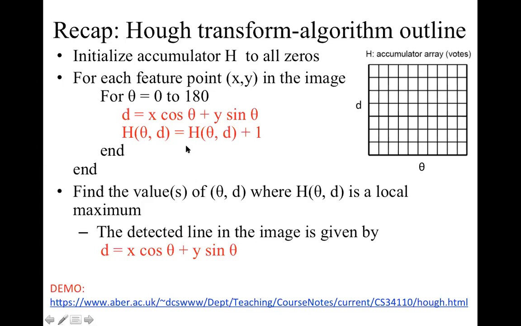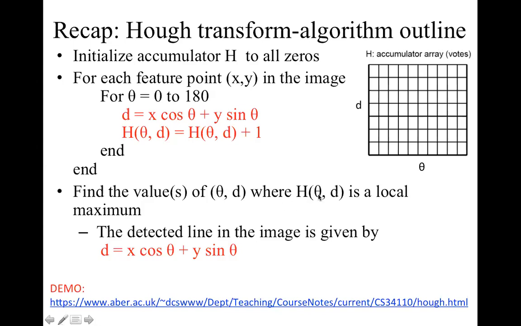The idea is that you accumulate all the votes in the matrix H, and after each of the edges has voted, you go to your H and find the local maximum values.